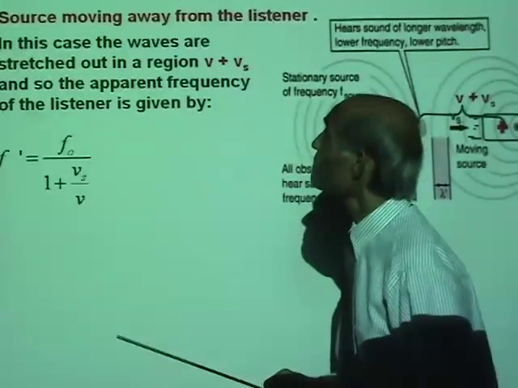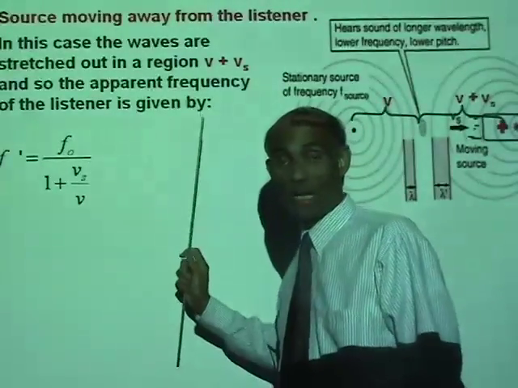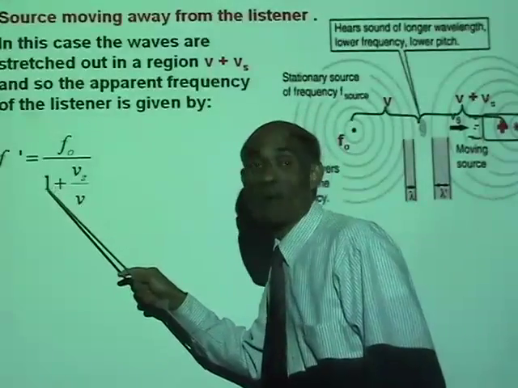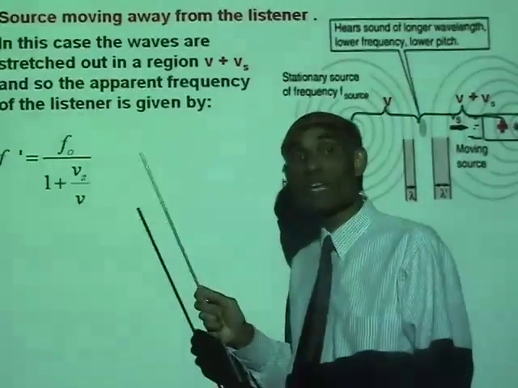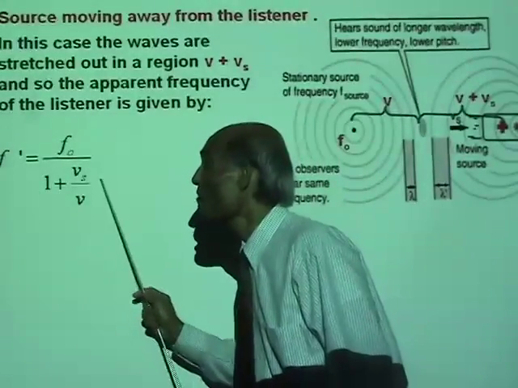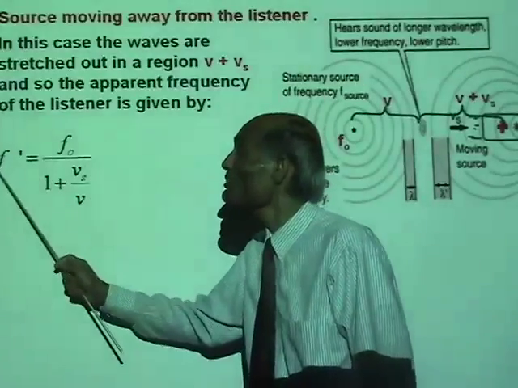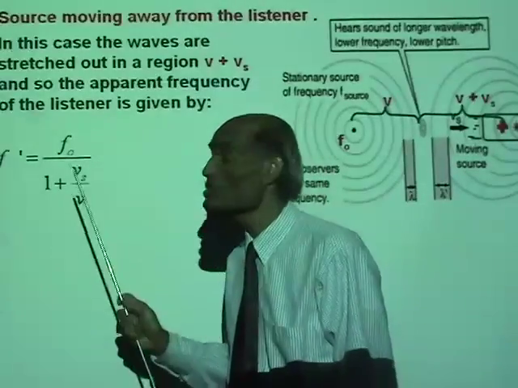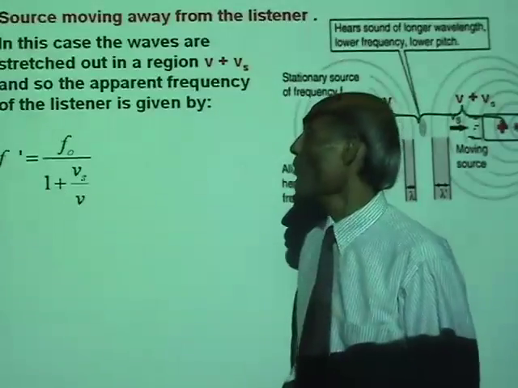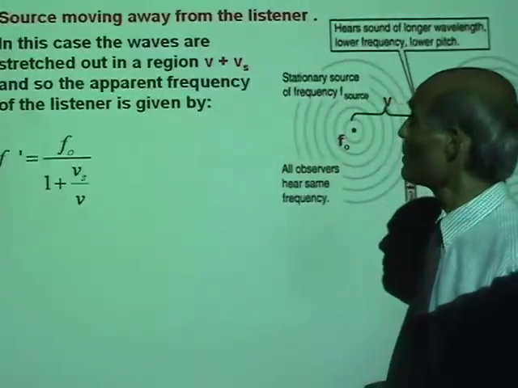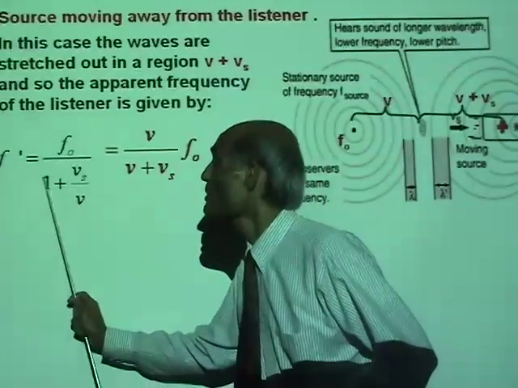And the apparent frequency can now be written as, you see, if you go back and look at the old equation, the denominator was 1 minus Vs over V. So the only difference here is that in this case the denominator will be 1 plus Vs over V. The apparent frequency as is heard by the listener now will be F prime equal to F0 divided by 1 plus Vs over V. That will be, again I can take V as the common denominator.